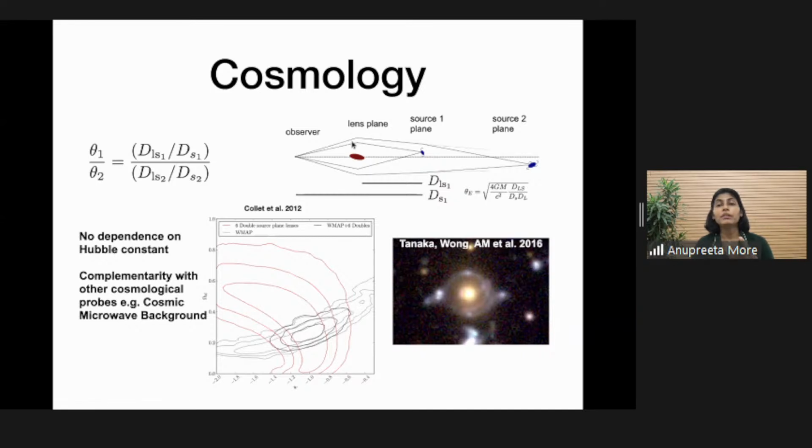So we not only model the mass distribution in the lens plane, the lensing effect from the main lens plane, but also the lensing effect coming from the source one plane. And once we take into account these two mass components, then we are able to reproduce this Einstein ring and many of its features. So there are instances where you can have double lenses and or double sources.